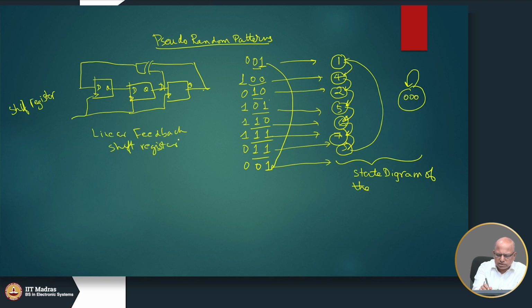It is a shift register plus it has a linear feedback. The feedback refers to taking some of the outputs and then combining it in a gate and feeding it back, and in this case the gate that was chosen is an XOR gate.